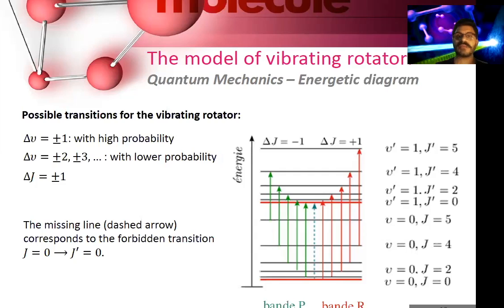But now notice, you are absorbing energy to go from the first row to the second row. So delta V equals +1, that's absorption. But since you are in J equals 2, and since the rule of selection is delta J equals -1 or +1, then what you can do, sitting in the first row, second place, is either go to the second row, third place, and in this case delta J will be +1, or you can go from the second place in the first row to the first place in the second row.